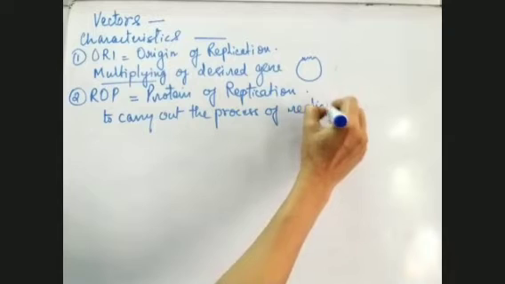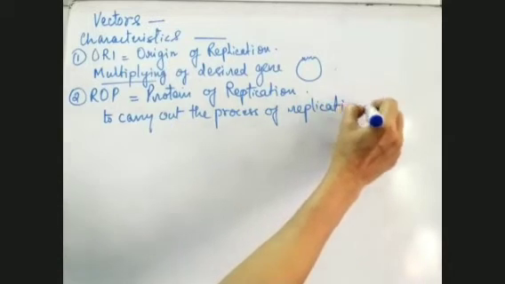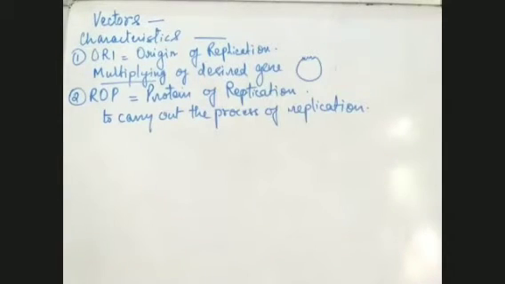If this protein will not be there, the process of replication will not take place. So if only ORI is there and ROP is not there, then the replication cannot take place. Then the multiple copies cannot be formed. So if ORI is there, ROP, that means protein of replication, has to be there.